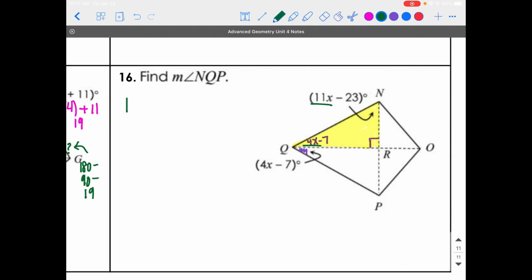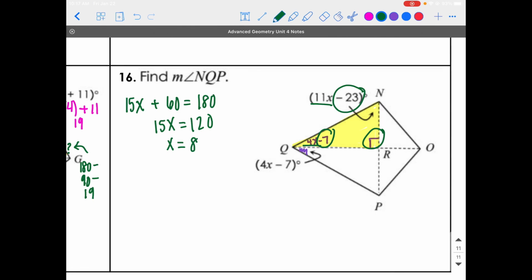So 11x and 4x is 15x, minus 23 minus 7 and 90 is 60, and that's equal to 180. Subtracting 60 from both sides gives me 15x equals 120. Then if I divide by 15, we get x equals 8.